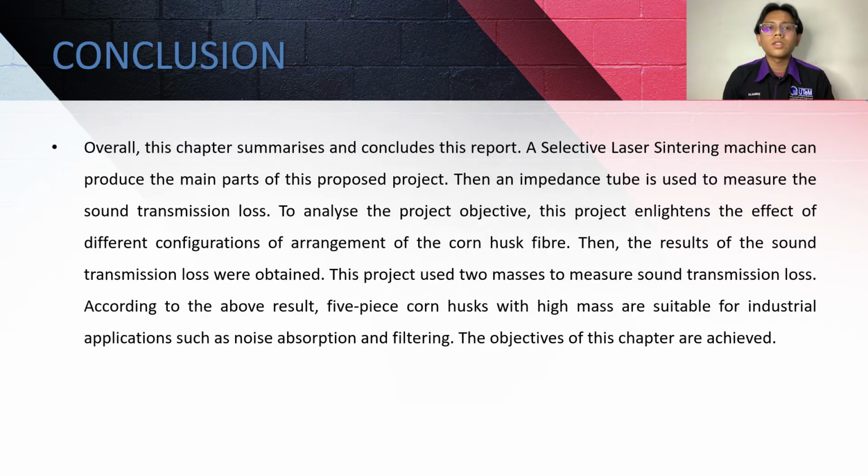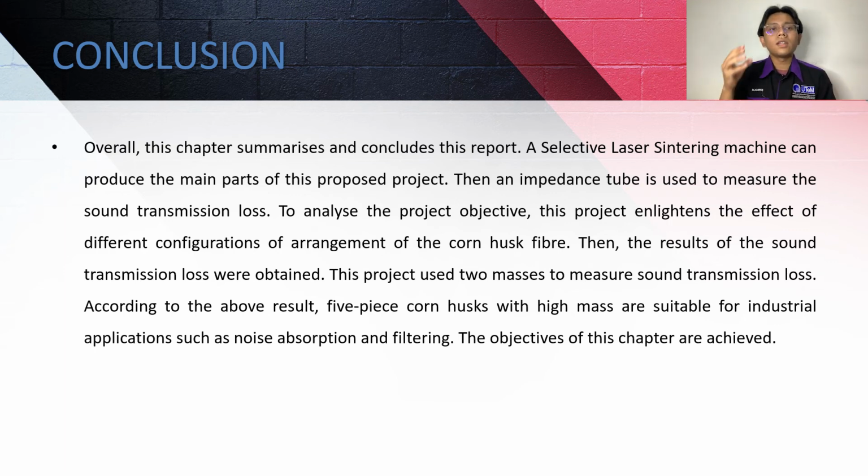Okay, for the conclusions, overall, this chapter summarizes and concludes this report. Selective laser sintering, or SLS, machines have produced the body part, which is the ducting silencer, and the impedance tube has been used to measure the transmission loss. To analyze the project, we used two different effects: first, a different arrangement of cone husk fiber, and second, a different mass of fiber.